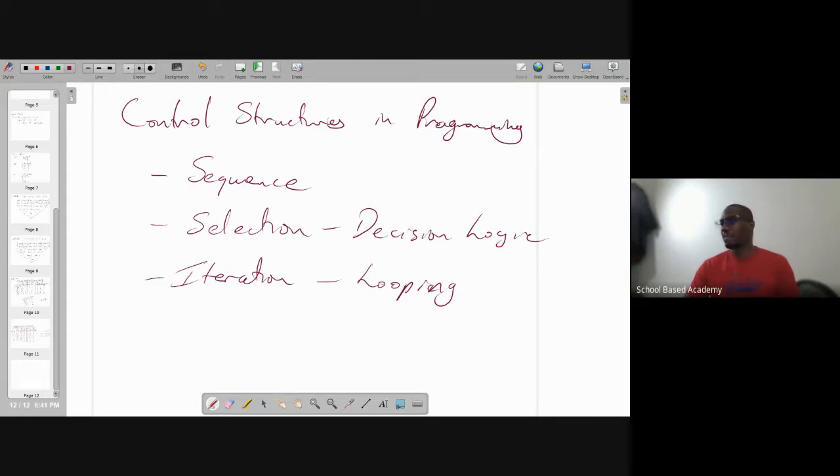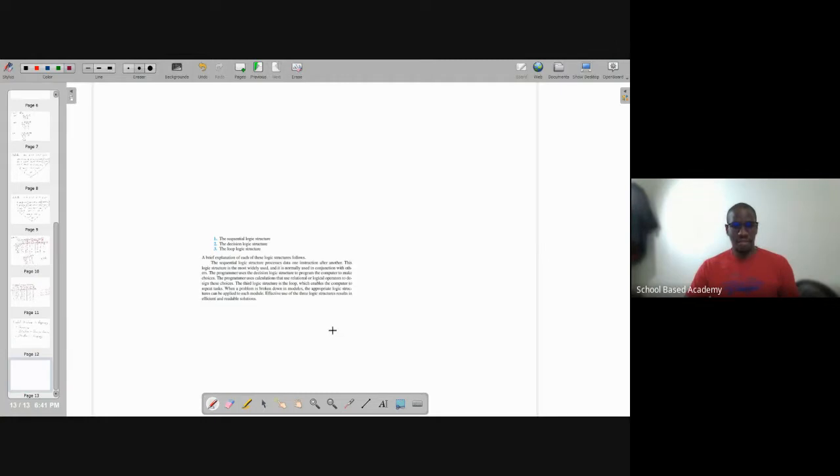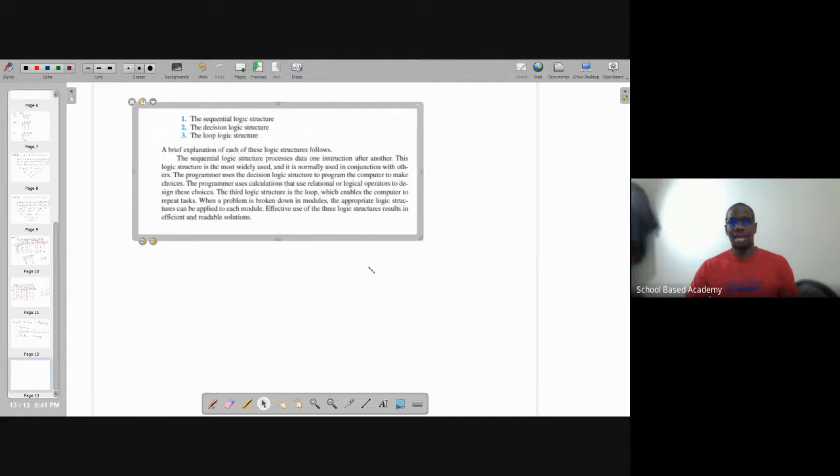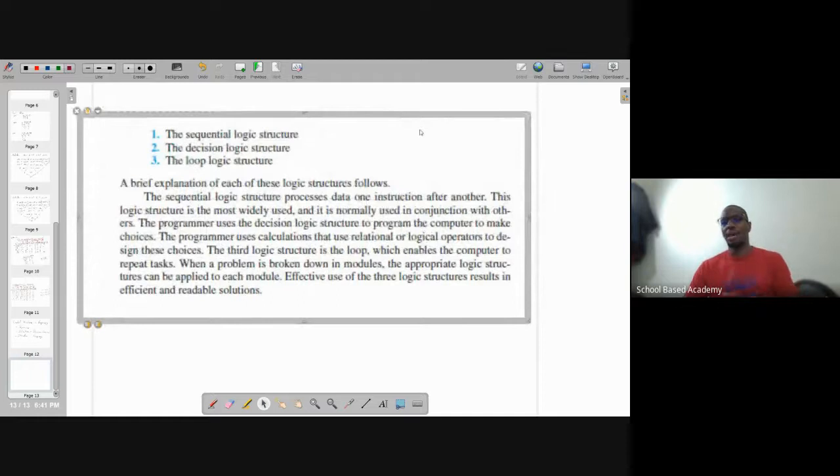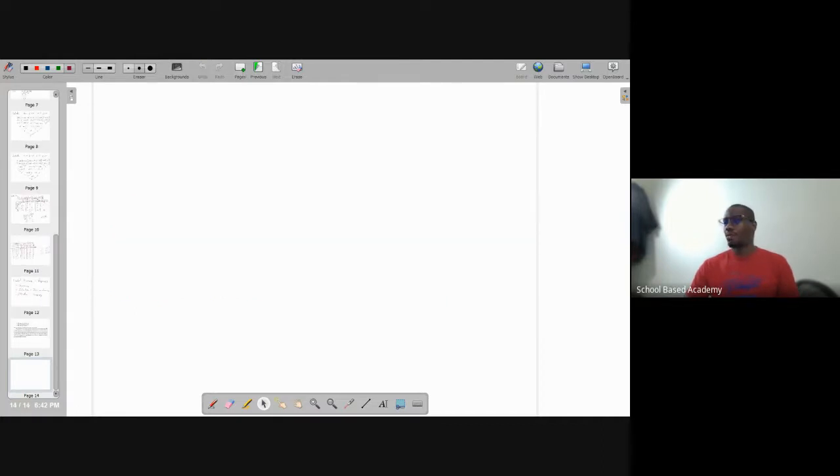Okay, with some explanation so that when you're going through this note, you're able to fully appreciate it here. So we have these three logical structures, and we have a brief explanation of each. We are going to start with sequence. And what is sequence?